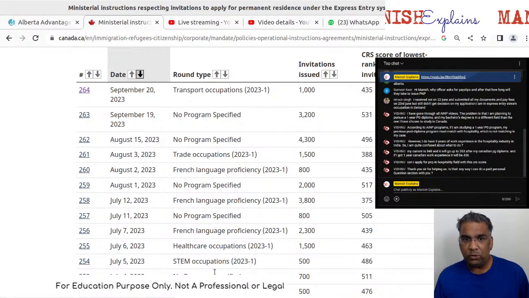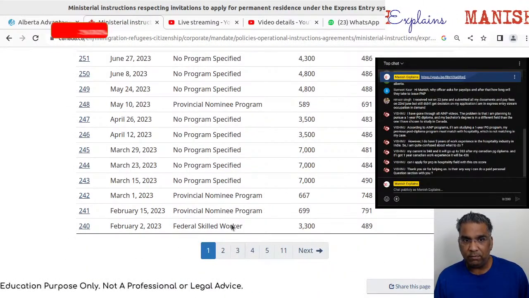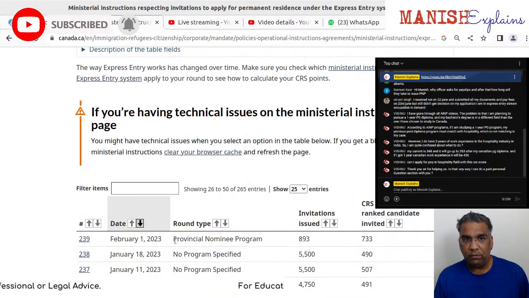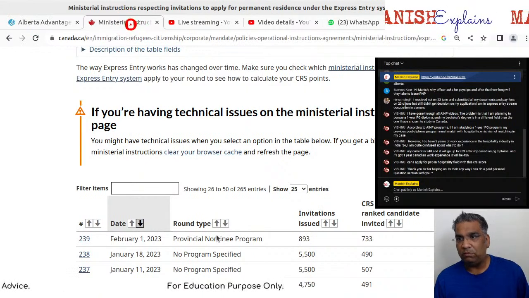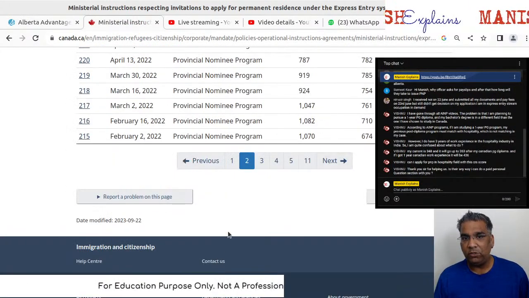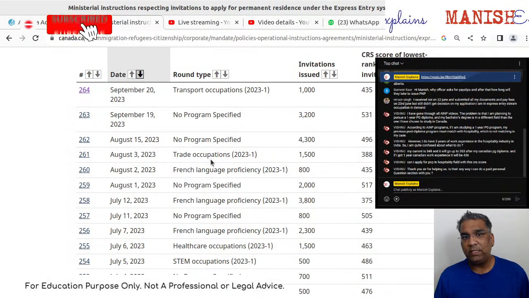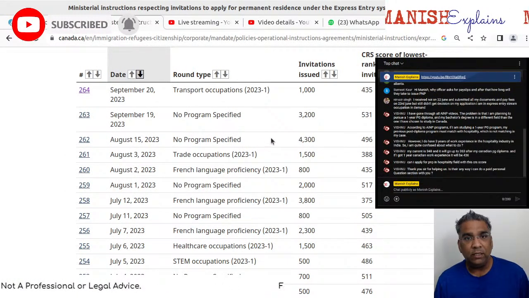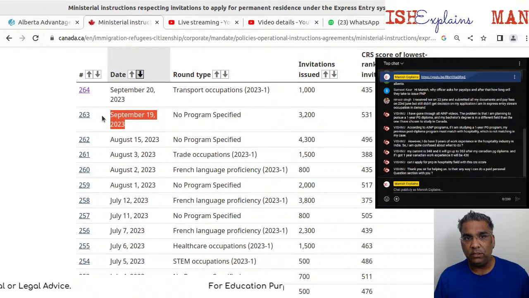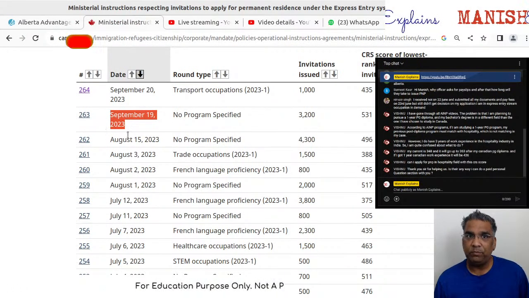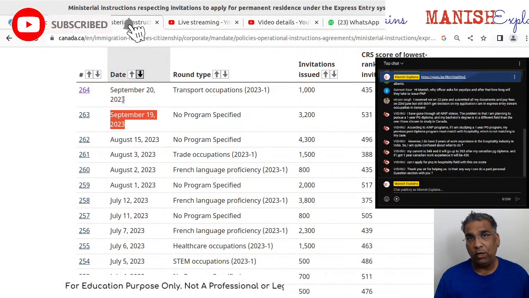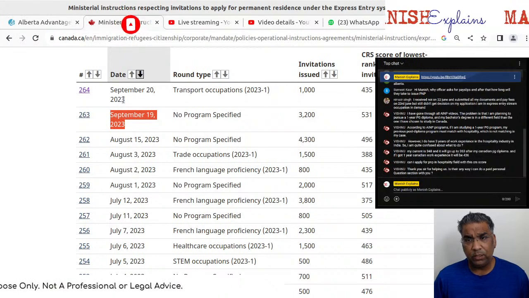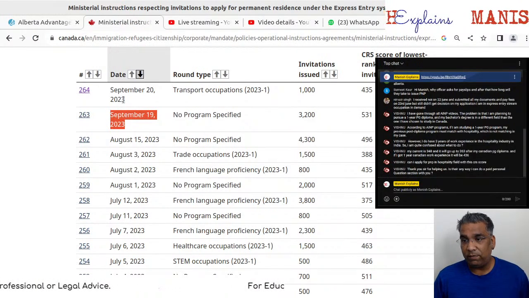You will see, for example, in February, on February 2nd they did an FSW draw, and on February 1st they did a PNP draw. So it all fluctuates, but I think IRCC has stuck to doing at least 2 draws in a month. I think this September 19th was a bit delayed, and then September 28th is on 9. So we still have almost 10 days here, and might or might not have one more draw.